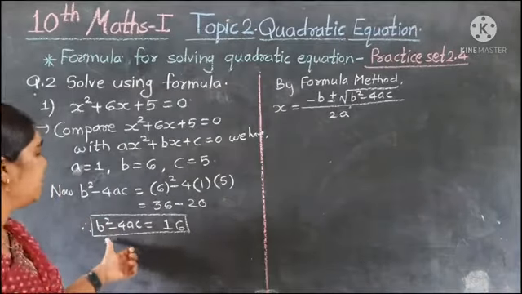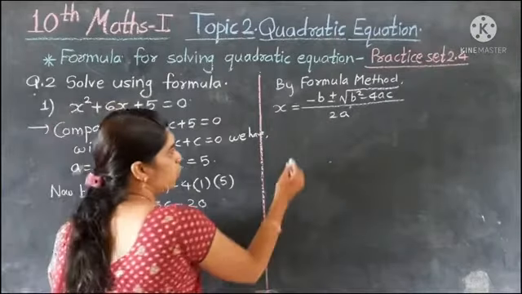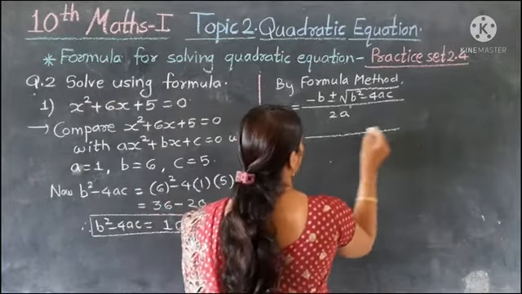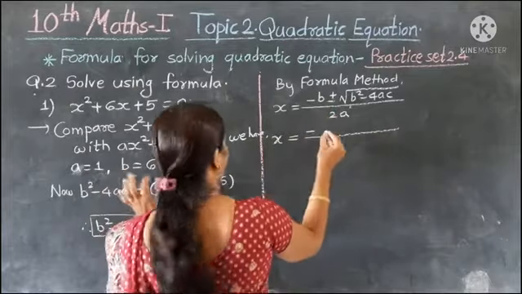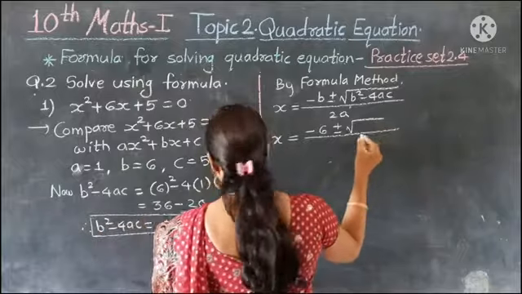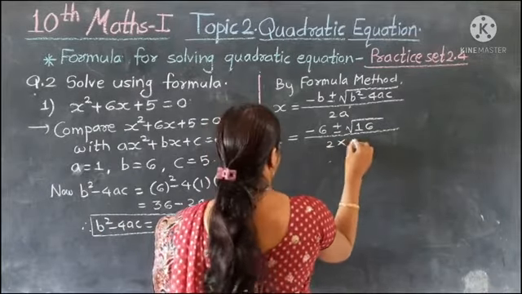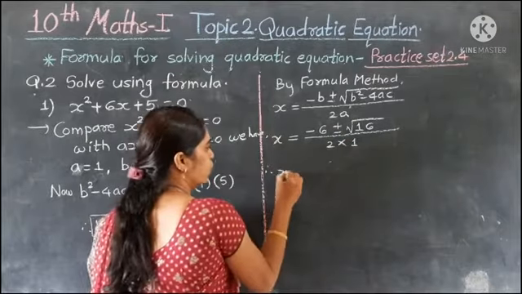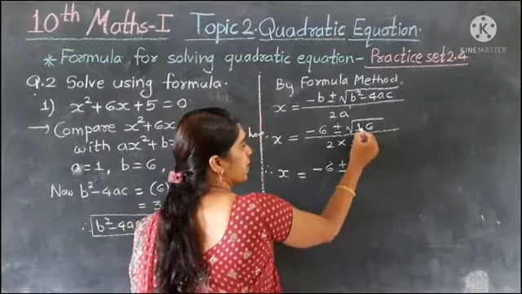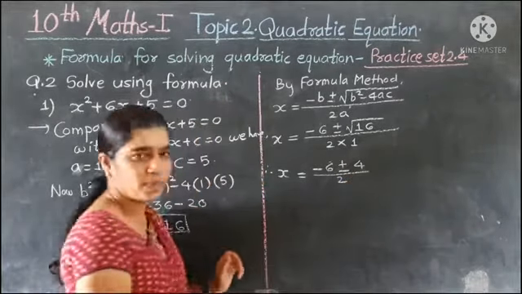Okay. Now we use the formula method. Write the formula first and then put the values correctly. We get x is equal to minus, what is the value of b? 6 plus or minus root of b square minus 4ac, which is 16, upon 2 into a, which is 1. Therefore, we get x is equal to minus 6 plus or minus square root of 16, which is 4, upon 2.